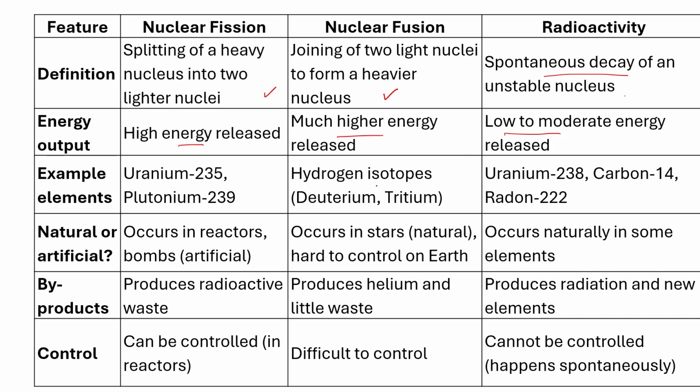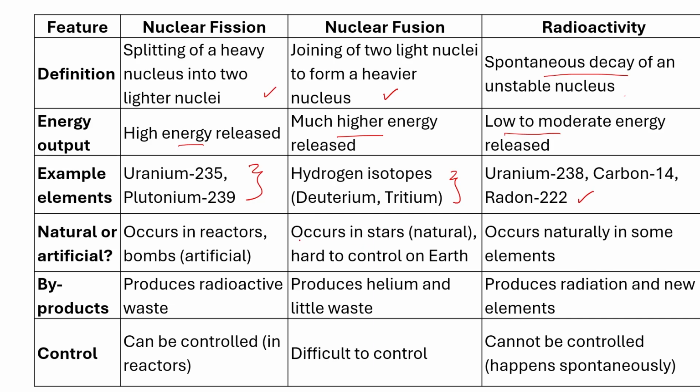Then which particles are involved here? Here we use normally uranium-235 and plutonium. Whereas here the inducing atoms are deuterium and tritium. Here there are a number of elements which can undergo decay, so we are given a few here.